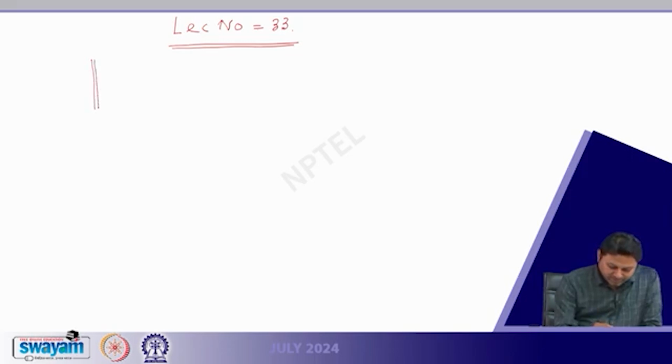we try to calculate the Fraunhofer diffraction pattern of an aperture like this. We have an aperture here which is essentially a single slit, and the plane wave is falling here.